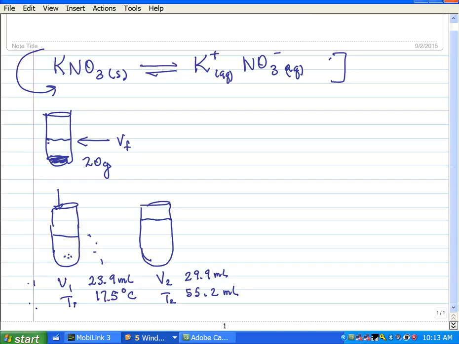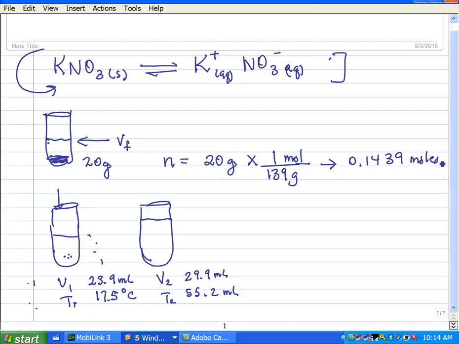So in each case, the number of moles is going to remain the same. 20 grams of potassium nitrate multiplied by 1 over the molar mass, which is 139 grams per mole, gives us 0.1439 moles of potassium nitrate.